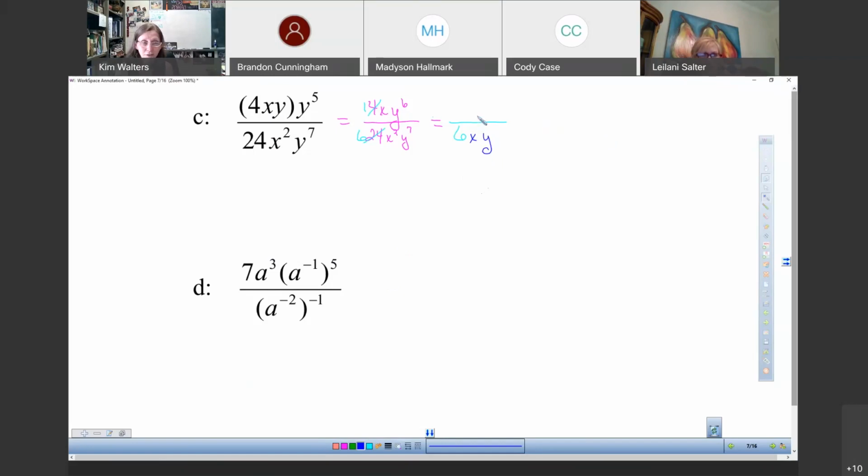This is not 0. If I divide everything out of any expression, what I'm left with is 1. So please be careful of a problem like this. If everything divides out, I can't write 0. I am left with something, and I am left with 1. Okay?